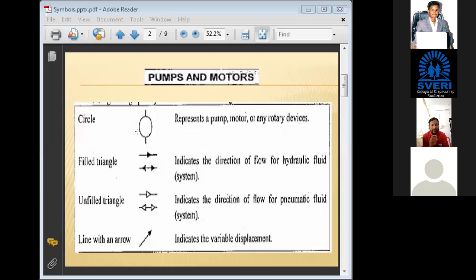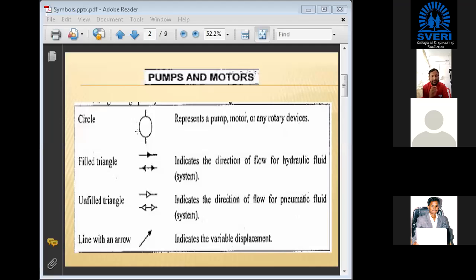If you see the symbol, I have drawn one circle, and small lines at the middle of the perimeter. This circle represents a pump, or a motor, or any rotary device.